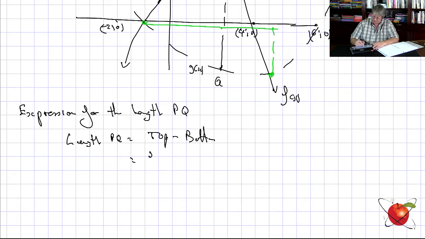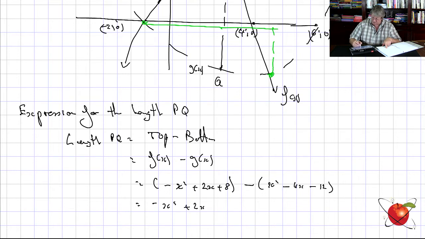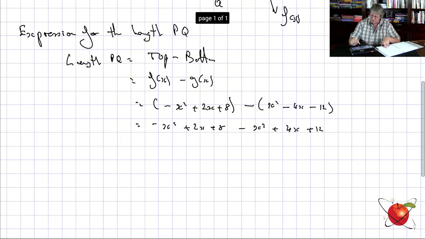So it's going to be f of x minus g of x, which is going to be brackets minus x squared plus 2x plus 8 minus brackets x squared minus 4x minus 12. And we remove the brackets, we get minus x squared plus 2x plus 8 minus x squared plus 4x plus 12. This is where the errors occur generally, guys.